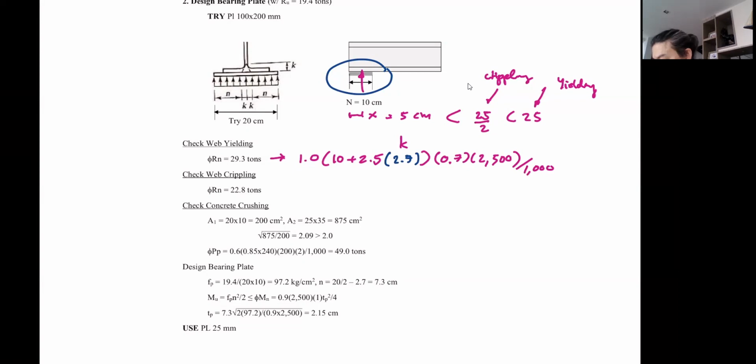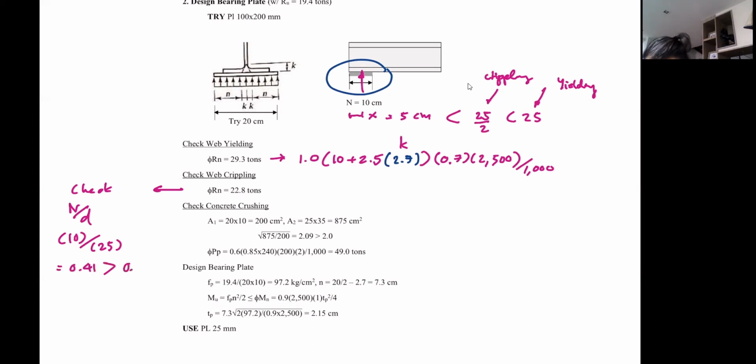For the web crippling, because it's at the edge, you must check the N over D ratio before you can select the formula. All right, so N is 10, D is 25, that is about 0.4 maybe. It's 0.41, greater than 0.2.